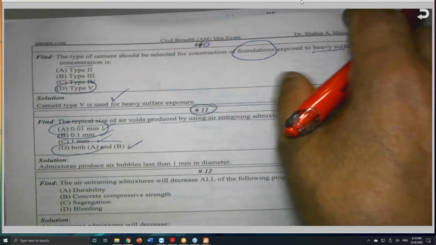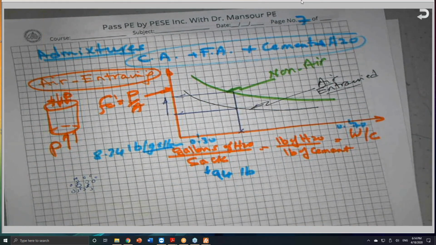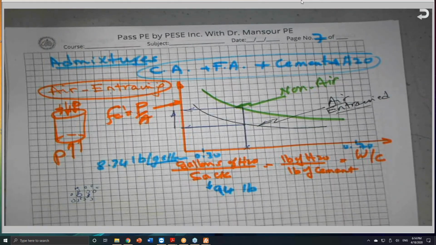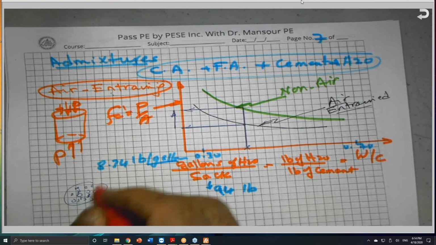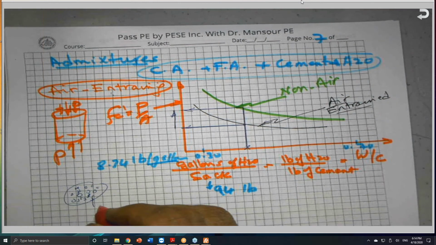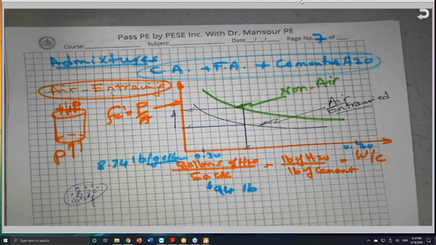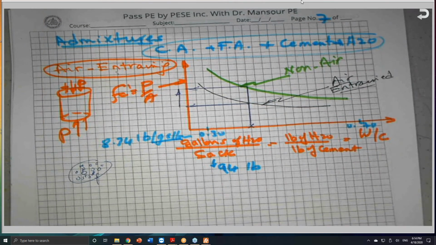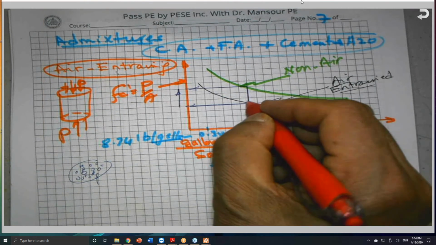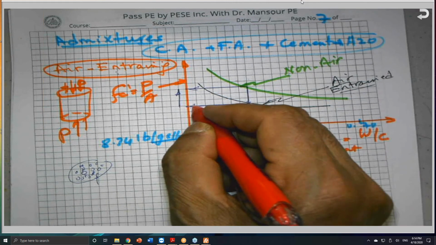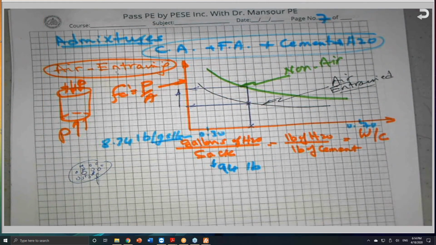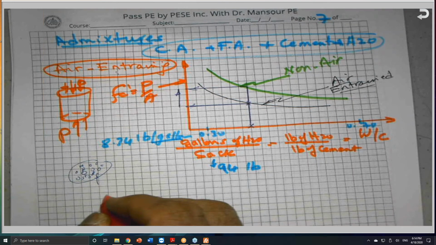So what will be the effect of the air? Air entraining admixture brings these millions of air bubbles into the mix. I am losing strength. For any given water cement ratio, I am having lower strength. So strength will go down.